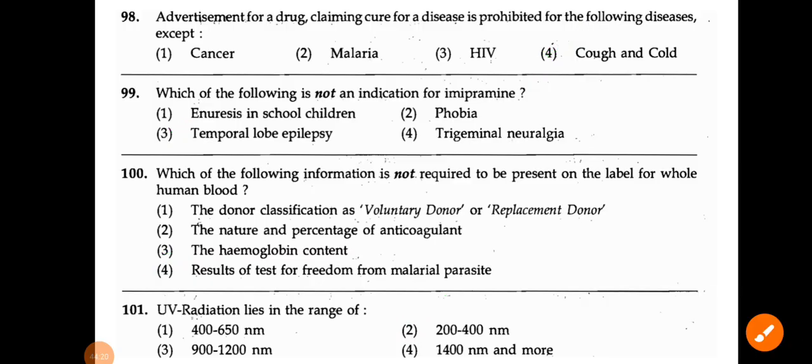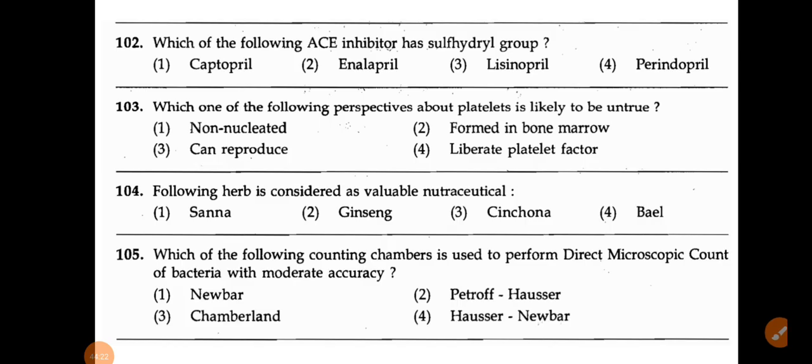The next one, which of the following ACE inhibitors has a sulfhydryl group? If you look at the chemistry or simply the pharmacology book, in KD Tripathi also they have straightforwardly given the answer to this question. The options are captopril, enalapril, lisinopril and perindopril.